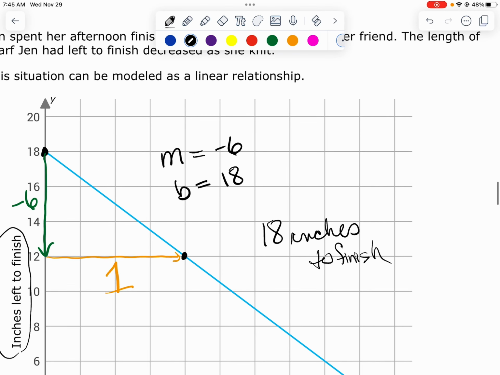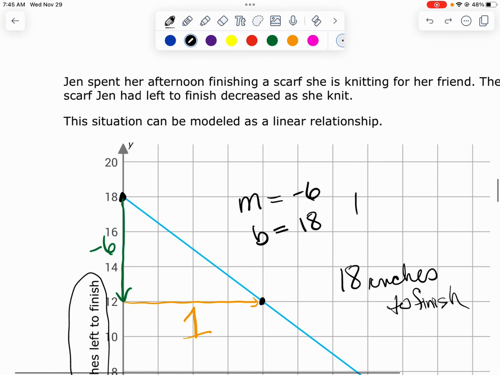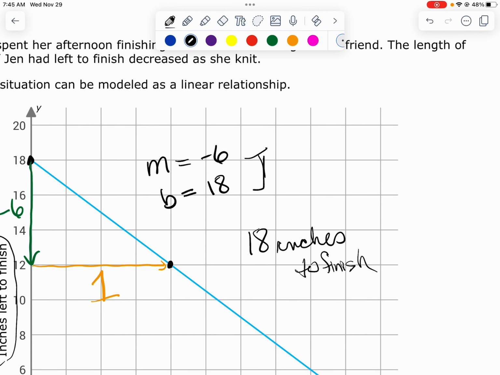So Jen has 6 less, because I need a negative, 6 less inches per hour.